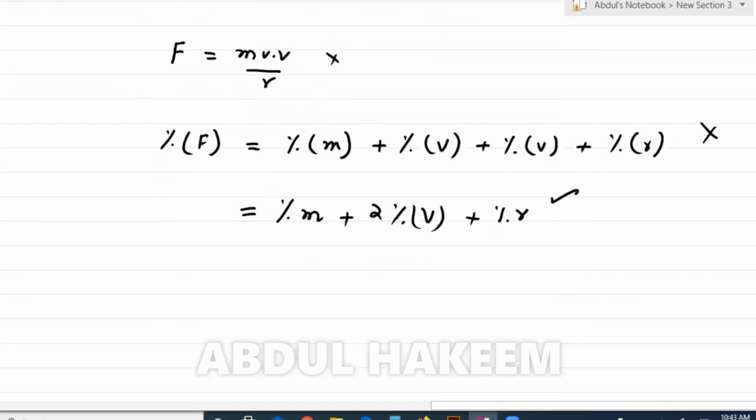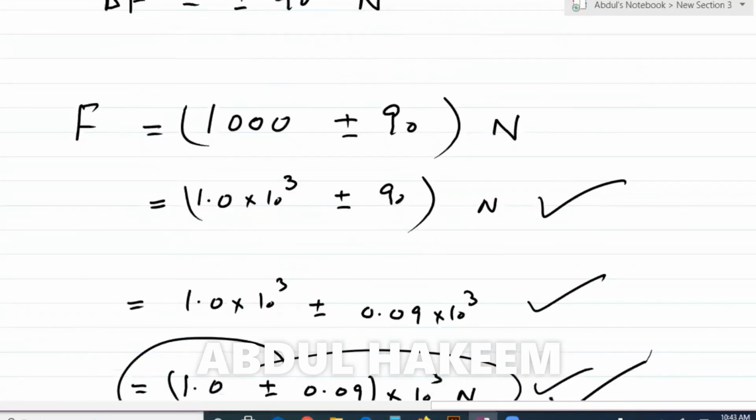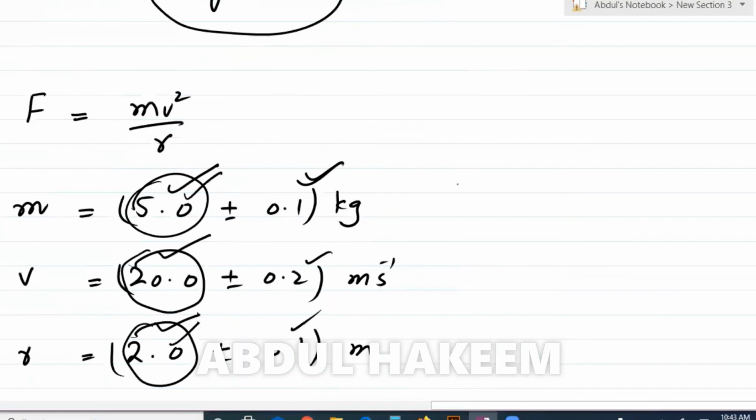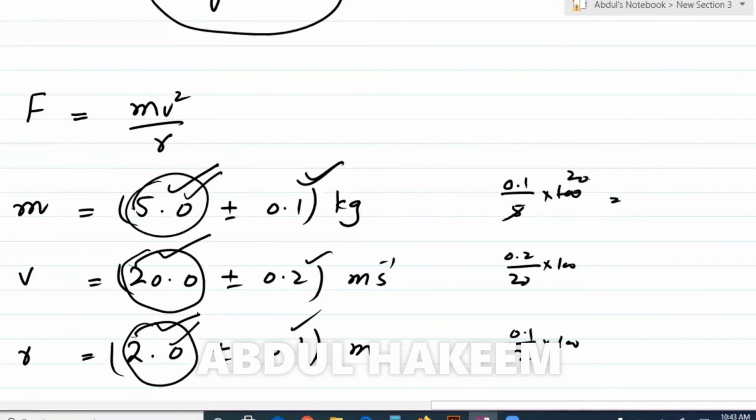So we calculate the percentage uncertainty of the mass. Here, percentage uncertainty is uncertainty over reading into 100. So 5 ones are 5, 5 twos are 10, 20 times 0.1, it's 2. This is 25, so it's I think 1.